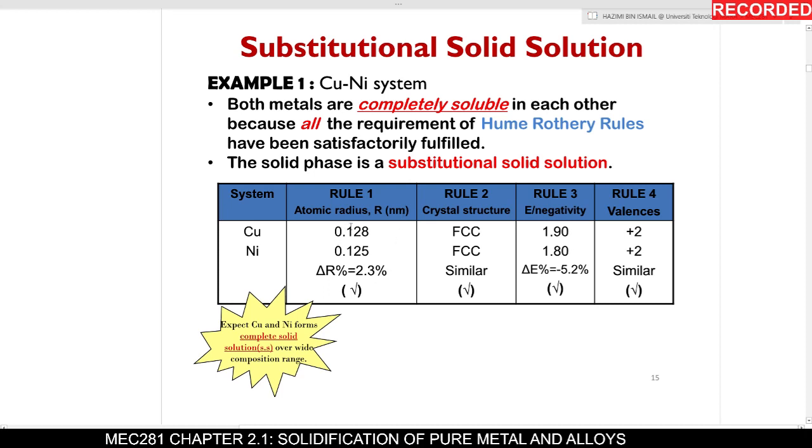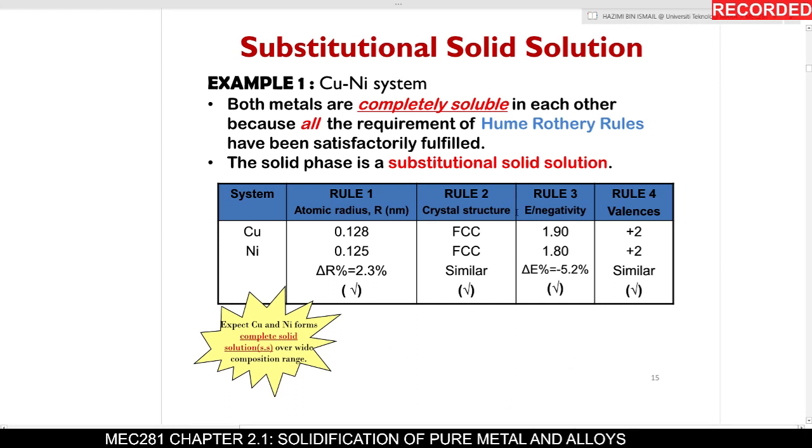So the difference between the radii is only 2.3%. It obeys the rule, because it cannot be more than 15%, so 2.3% is just nicely under 15%.